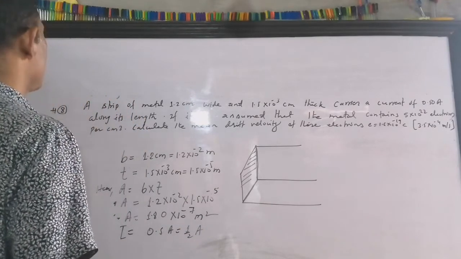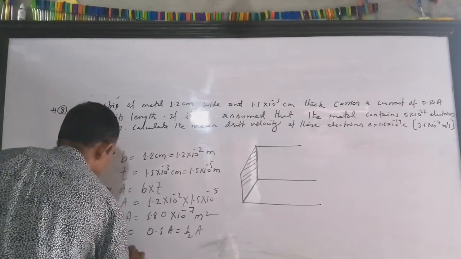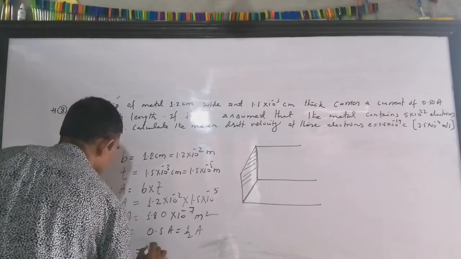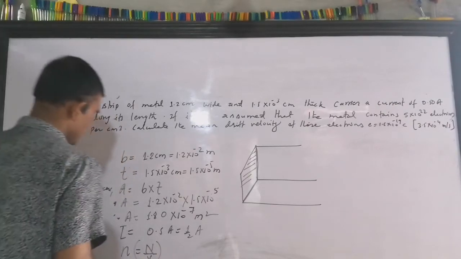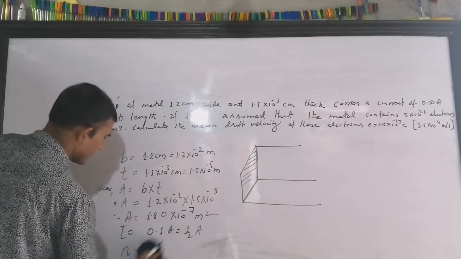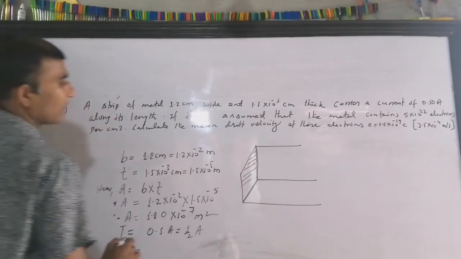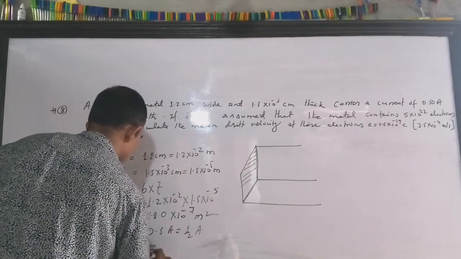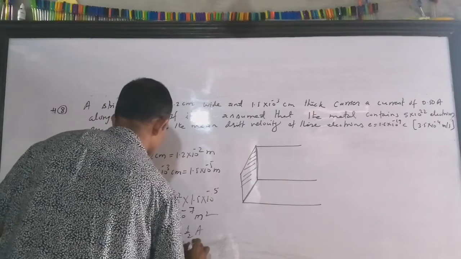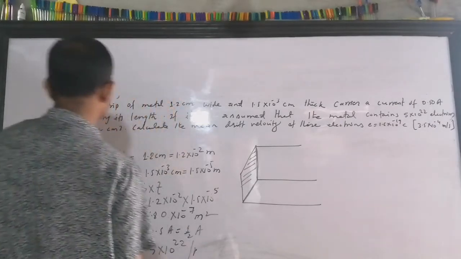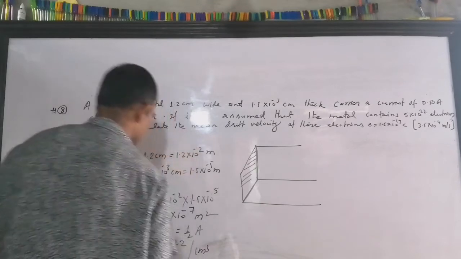Okay, and then cesium contains this much number of free electrons, the small n, number of electrons per unit volume. We had told that the number of electrons per unit volume we give the symbol n, and that n is given in the question: 5 into 10 to the power 22 per cm cube.